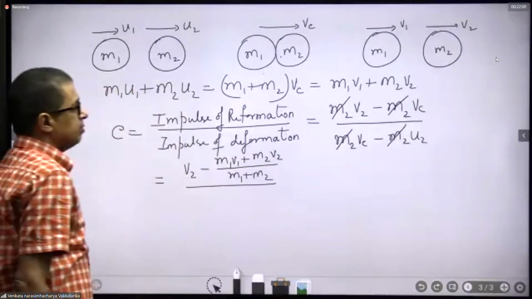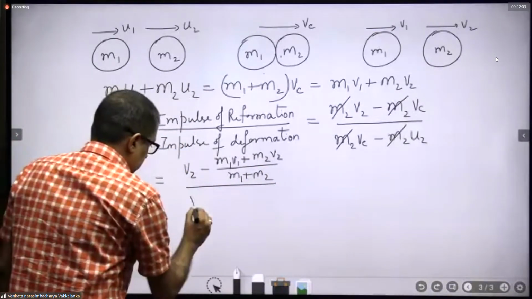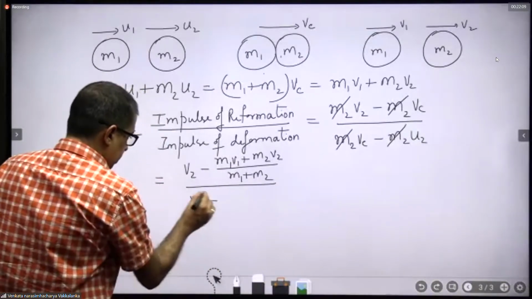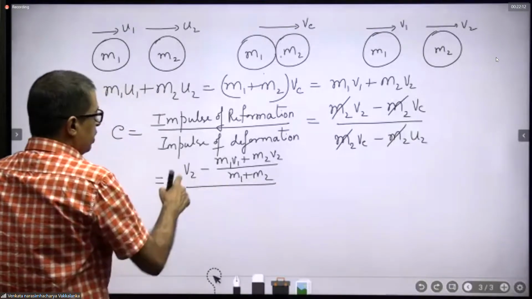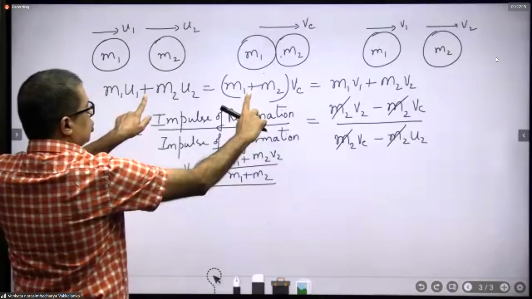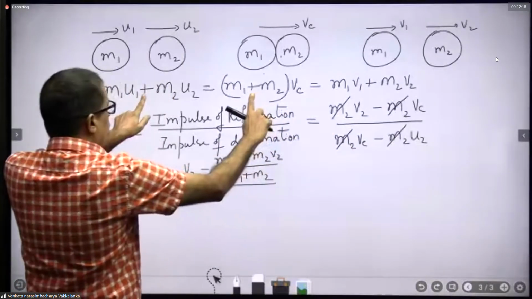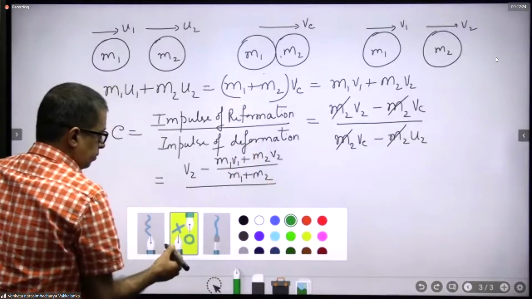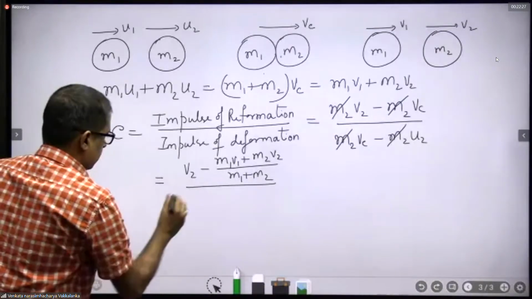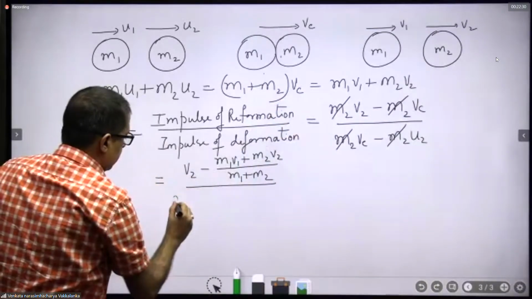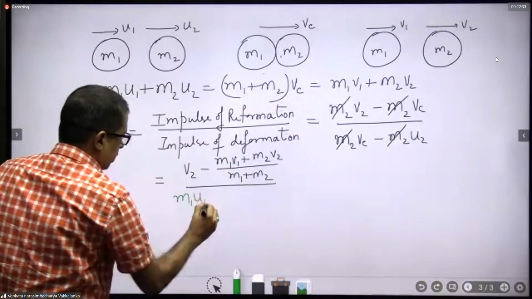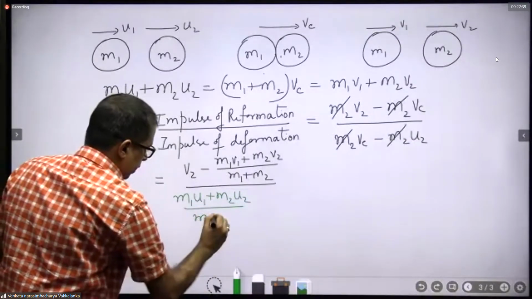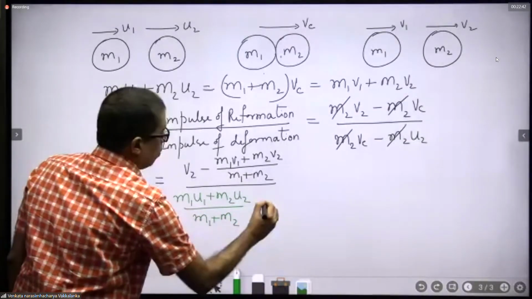Are you okay with that? Yes, sir. For V common in the denominator, I use these two, because I need to get it in terms of U. So V common becomes M1 U1 plus M2 U2 upon M1 plus M2, minus U2.